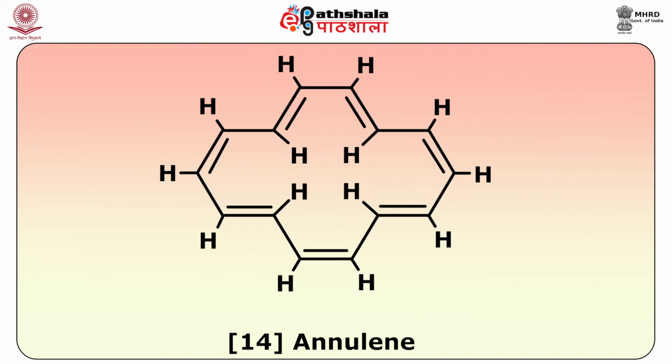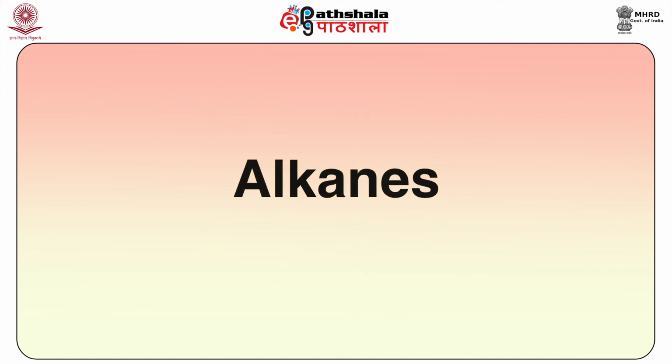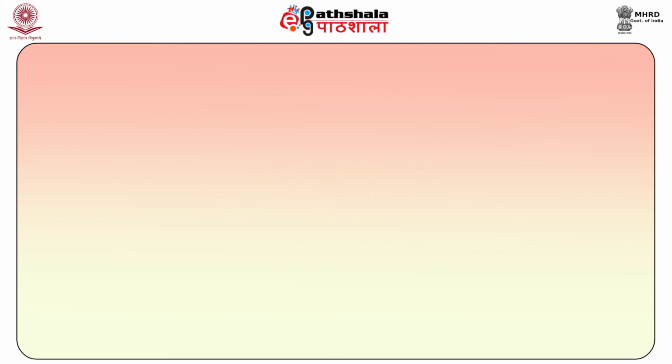Now you can observe in this figure that the protons outside the ring are strongly deshielded and produce signals at 8 ppm, whereas inside the ring protons are strongly shielded and they produce a signal at around minus 1.8 ppm. Now let us consider the case of alkanes.